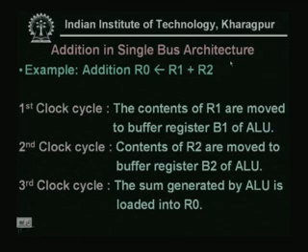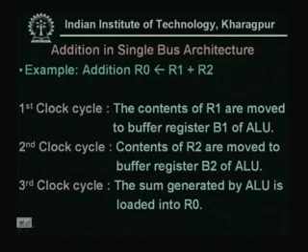That means R1 plus R2 is transferred to R0. Now, just to perform this addition using 3 registers, what will be the step by step procedure.